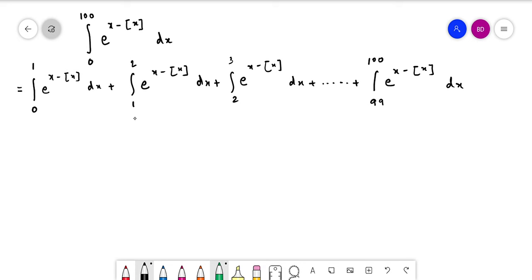Okay. Now, next I will show you only the last part first, how to calculate this portion.